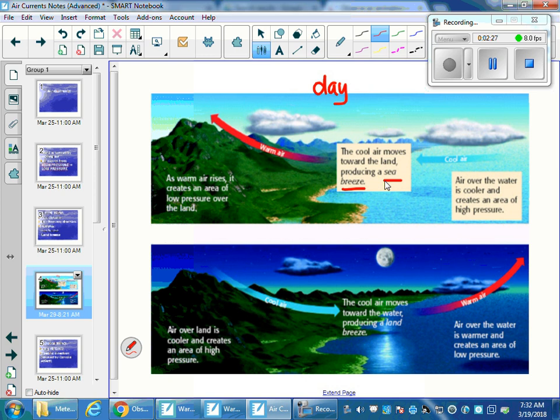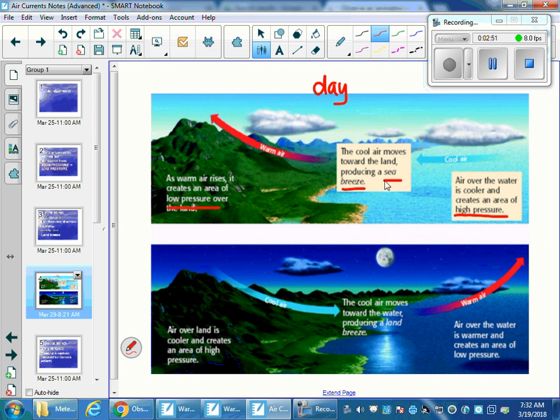So over here, the water, we're going to have, generally speaking, a cooler area. And because of this, we're going to create an area of high pressure. On the other side of the diagram, we have an area that gets warmer because the land is heating up faster. When that does, that warm air rises, and that creates an area of low pressure.